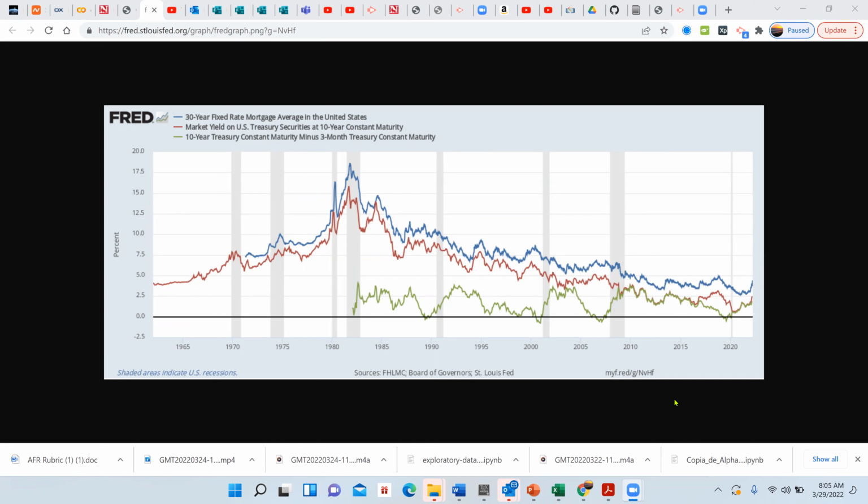Any pattern whatsoever. It could be within the recession, before the recession, or after the recession. Just stare at it. You see some fluctuations, right?